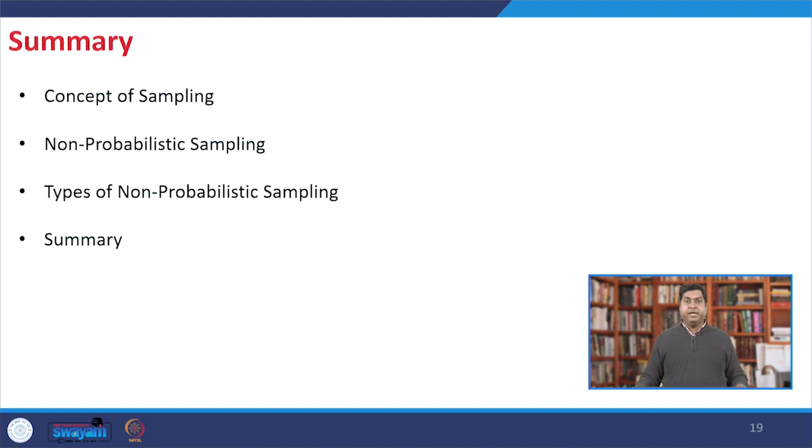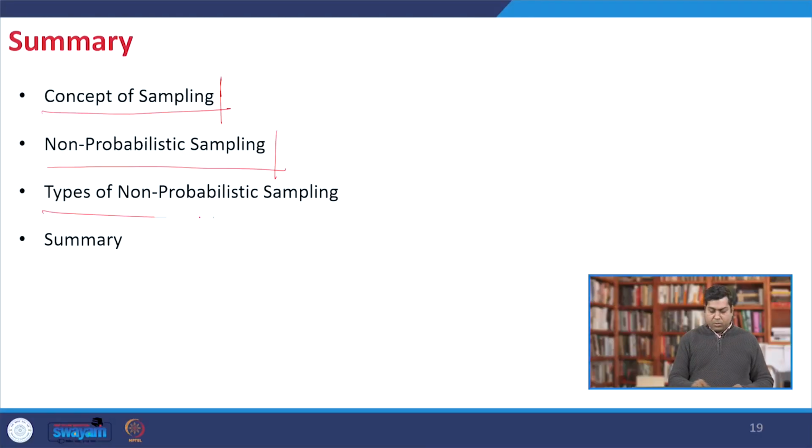So with that we conclude here. In this lecture we understood the concept of sampling, the process by which we select the sample for our study, and non-probabilistic sampling, where the selection of the sample is much more based on non-randomness. So it is based on purpose, judgment, or maybe through some kind of snowball approach, or the purposive sampling.